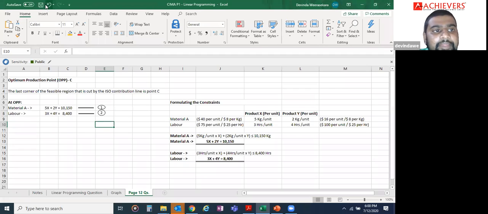Okay, so two simultaneous equations, right? So now I'm going to teach you all a calculator method again to get the answer to this.